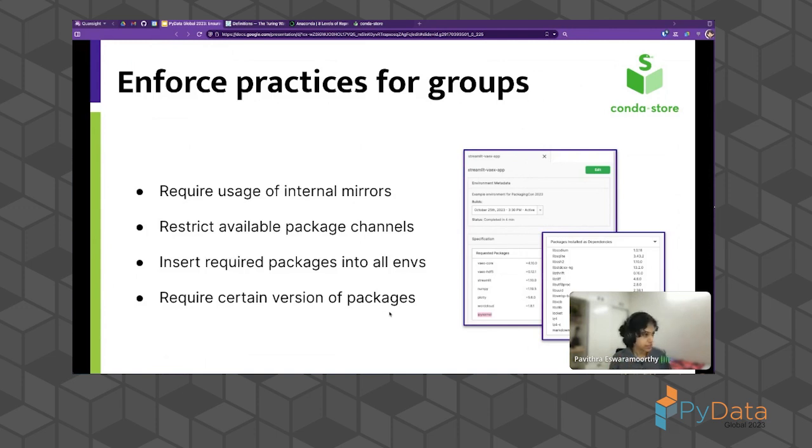You can do all of that. So, enforcing best practices from a user's perspective, I still have my interface, and I can say, give me pandas, and I have my drop down, and it will only give me certain versions, and I just pick one of them, making the workflow easier, but also enforcing certain things.